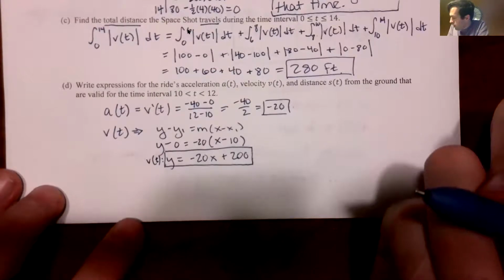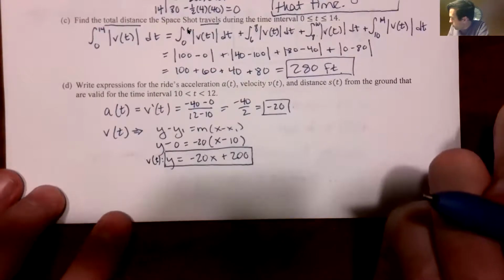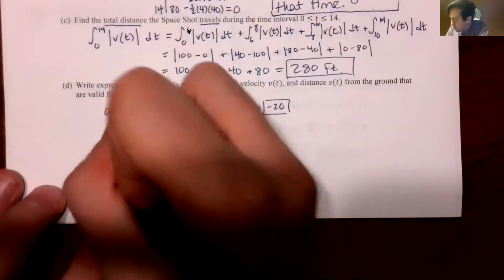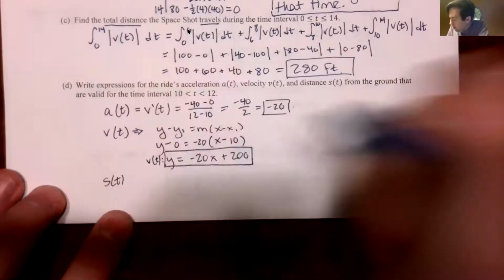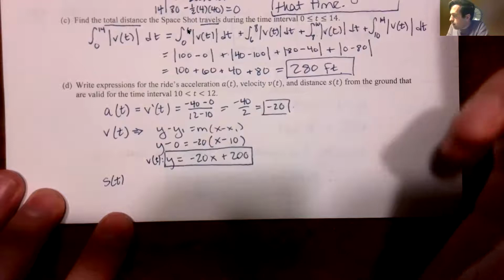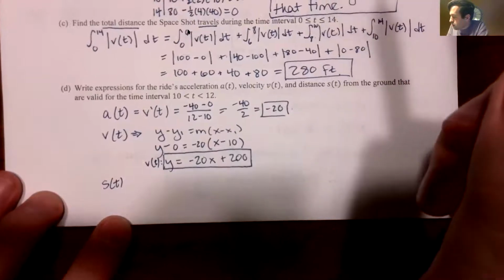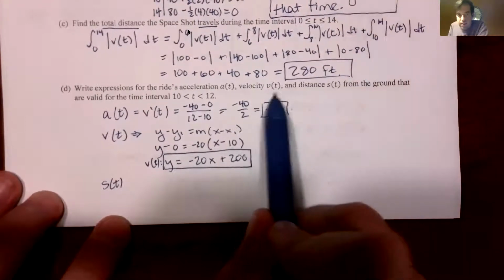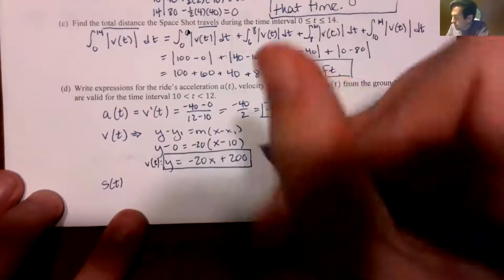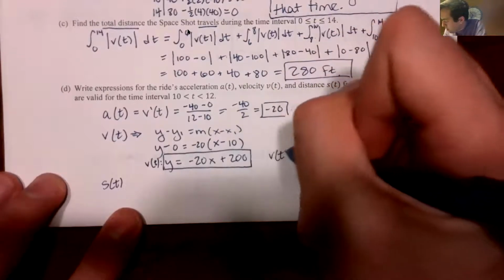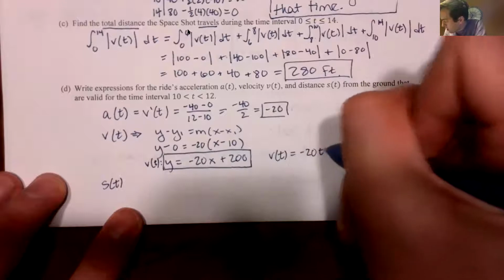And then we want to know the position. And you know what? Now that I'm looking at this, the original graph and the question use t instead of x. So I suppose I could rewrite this as v of t equals -20t plus 200.